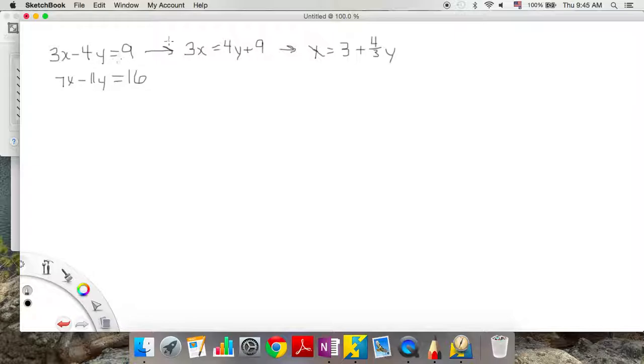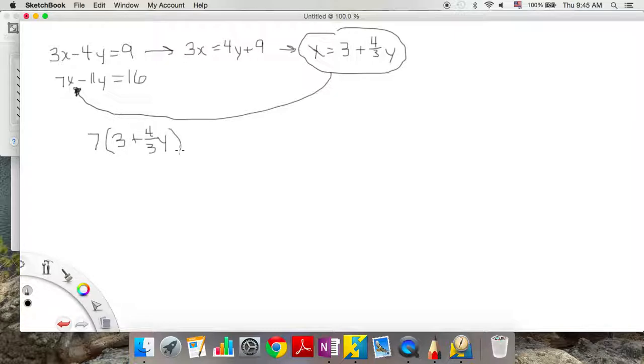We just took this first one and solved it for x. Basic algebra stuff. Now we can take this and plug it in over here. So we have 7 times our x. Now we only have y, so we know how to solve this equation. It's just got one variable.